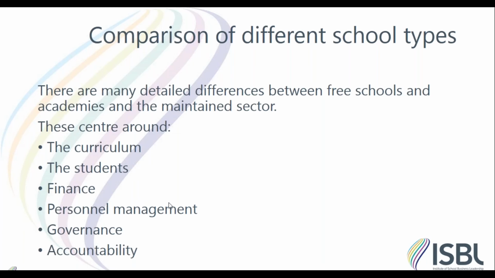Now, I'm going to take you through, for the remaining part of this webinar, a grid which really sets out the key differences between the different types of schools. I'm not going to go into every description in the grid, but it'll start to give you a sense of how the characteristics of the mixed economy of schools that we operate within can be described.